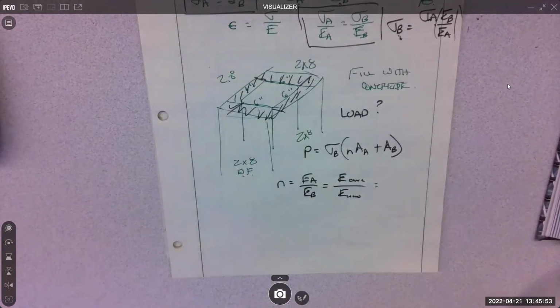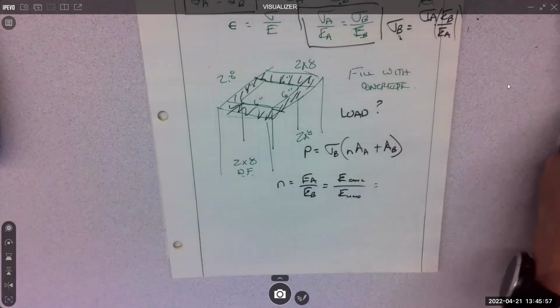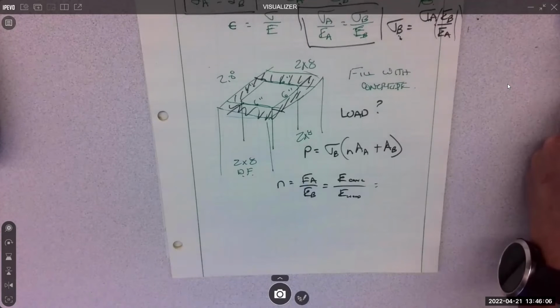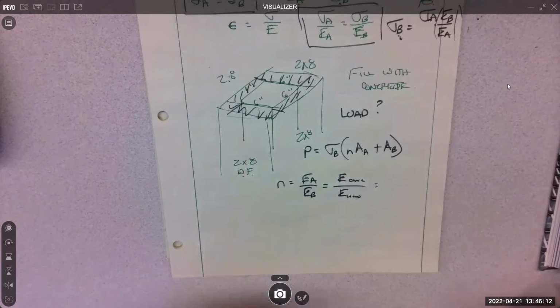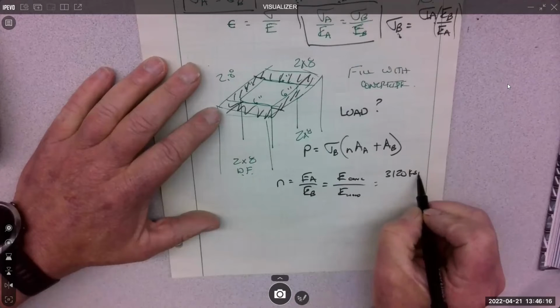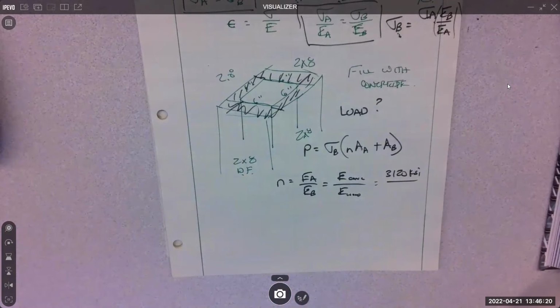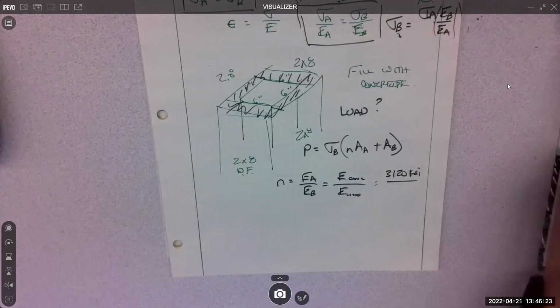So let's get the modular ratio first. Look up the modulus of elasticity of concrete. We'll say it's just average concrete, 3120 ksi. And then we'll look up the modulus of structural timber.